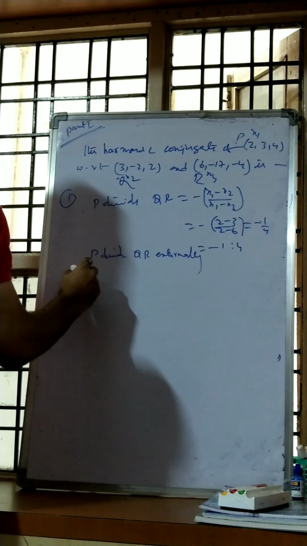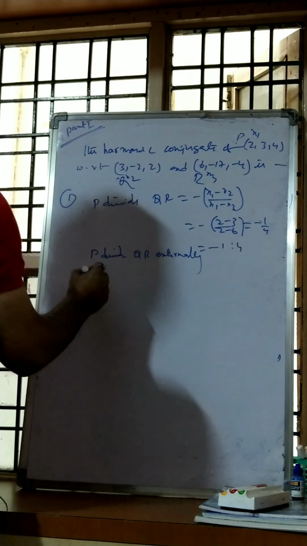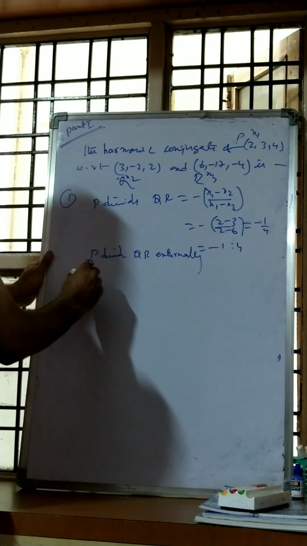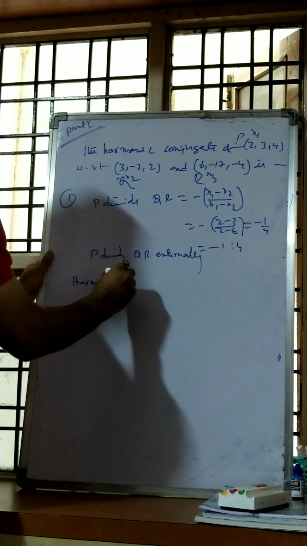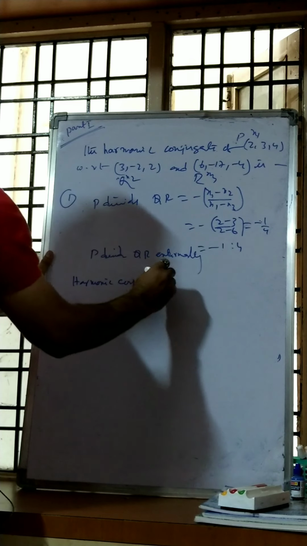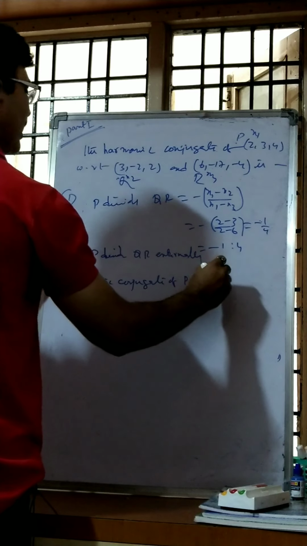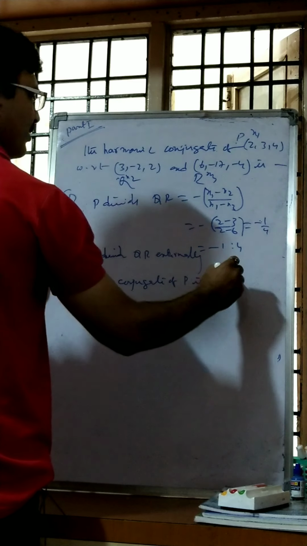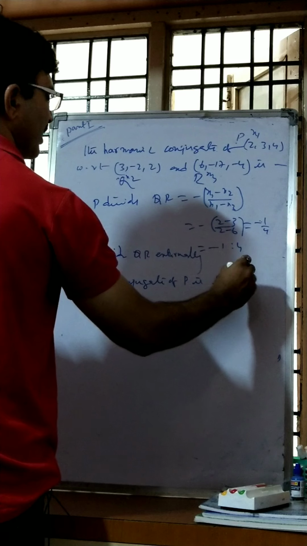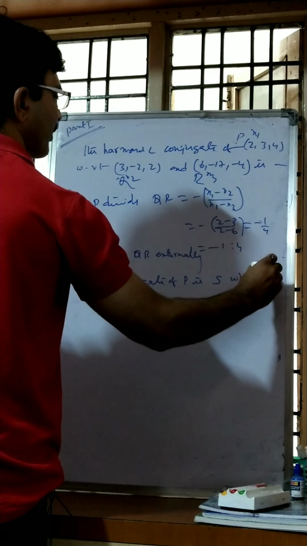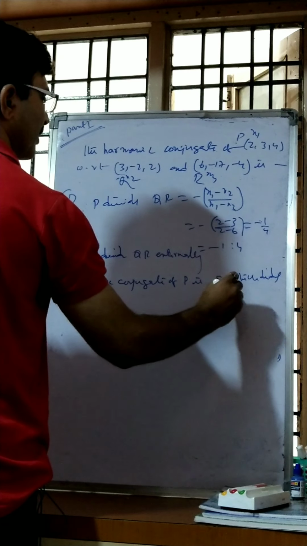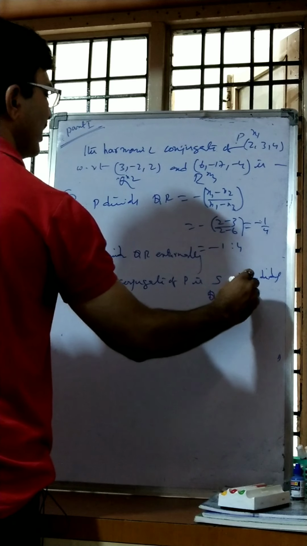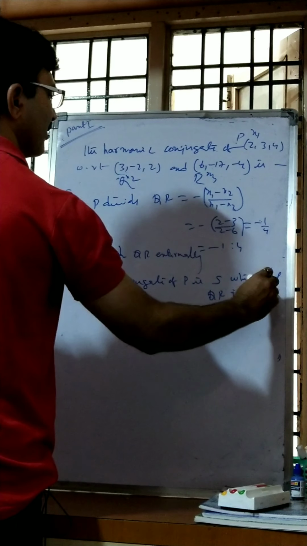Then harmonic conjugate. Let us say the harmonic conjugate of P is something S, which divides QR internally. If that is external, the other one is internal.